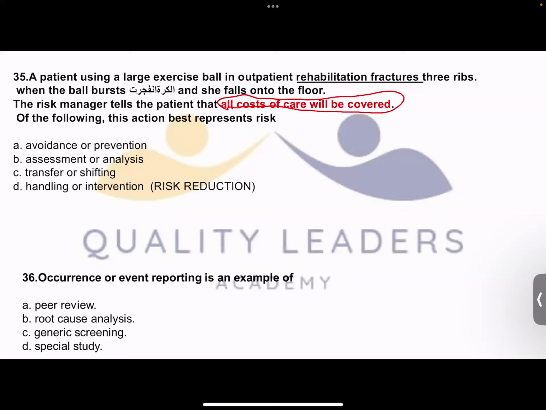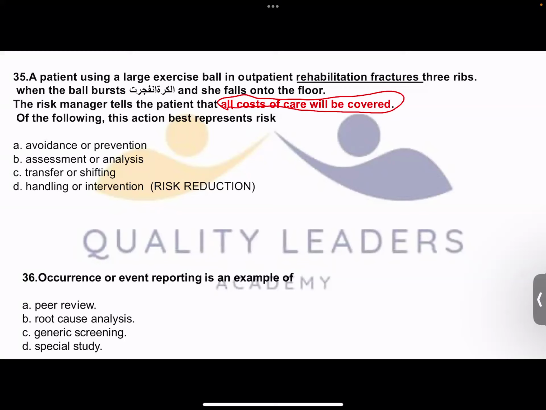For letter A, this is incorrect because prevention refers to actions taken to prevent the risk from occurring in the first place. Okay, letter B, this is also incorrect because assessment or analysis involves identifying and evaluating risk, which occurs prior to implementing risk management strategies.